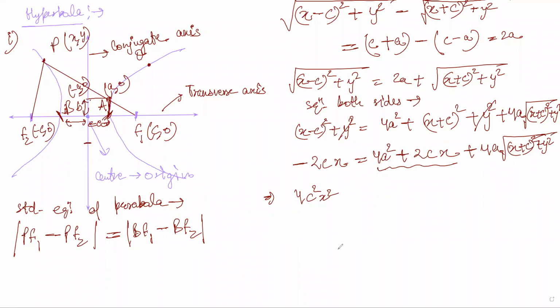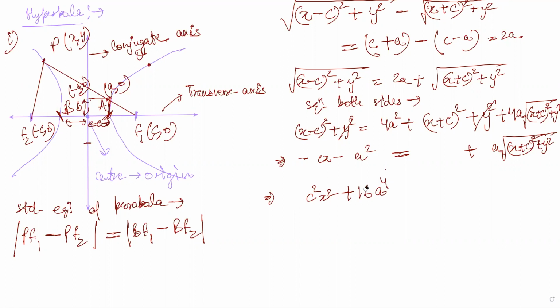In fact, this becomes minus 4cx. I should probably write it in simpler form from here only. So this is minus 4cx minus 4a square is equal to plus of this. So this becomes 16c square x square, then plus 16 a to the power 4. Actually, we can cancel out 4.